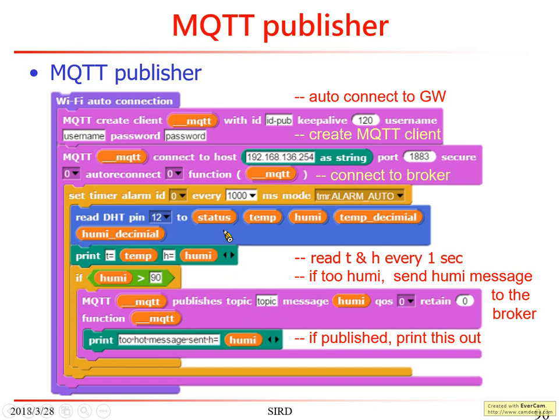But for the temperature, unless you put a dryer near these devices, it's difficult to say it's too hot. Instead, it's easy to detect the humidity. So if the humidity is greater than 80, then you publish some message so the other side knows. The other side receives this message and can take some action, for example turn on the air conditioner and maybe turn on the fan as well.